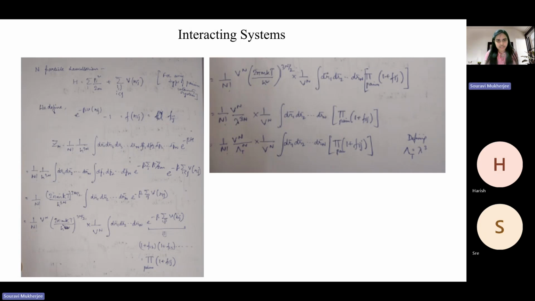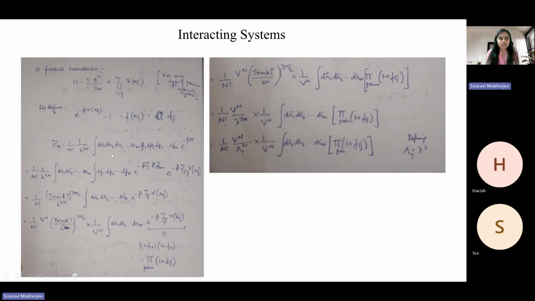Okay, so what we are currently trying to solve is how the partition function or the other thermodynamic variables change when you have interacting particles. If the interaction between the particles is given by a potential V, then the Hamiltonian is given like this. Then we define a quantity e to the power minus beta V minus 1 as f of ij. So these are pairwise interactions. Then we try to write an expression for the partition function.